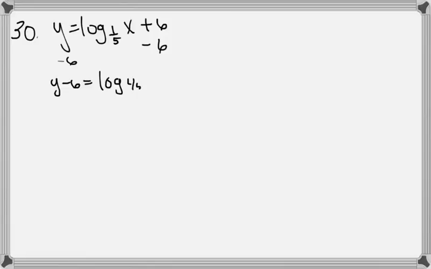It's not part of the log. Subtract it first. Now we're going to turn it to exponential form. That's going to be 1/5 raised to the y minus 6 equals x. I forgot my x there. Now you switch. So you're going to have 1/5 to the x minus 6 equals y.